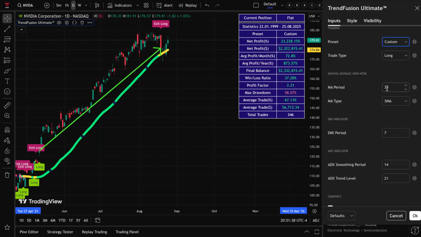We're starting off from these parameters. Now we're going to change them to optimize the backtest performance that is displayed live on this statistics table. So right now you see that we have 23,000% net profit. We will try to improve this backtest performance.